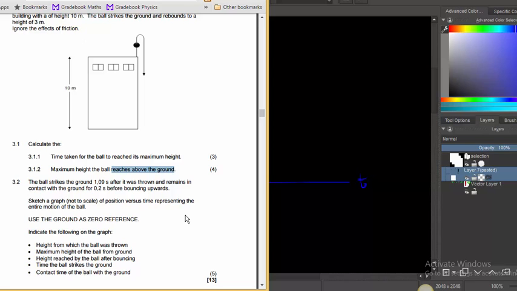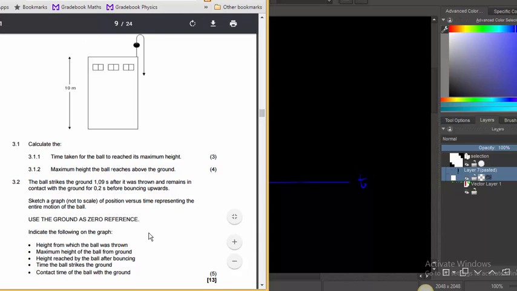I'm trying to work out if we have enough information to answer that question, because I do need initial velocity before bouncing.